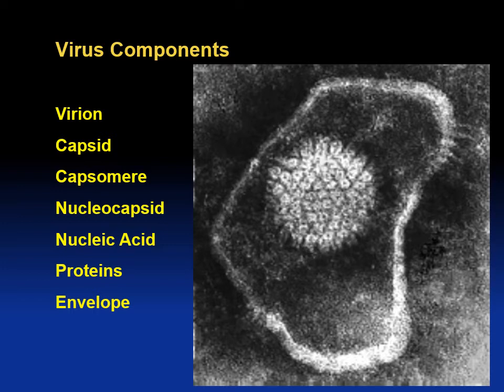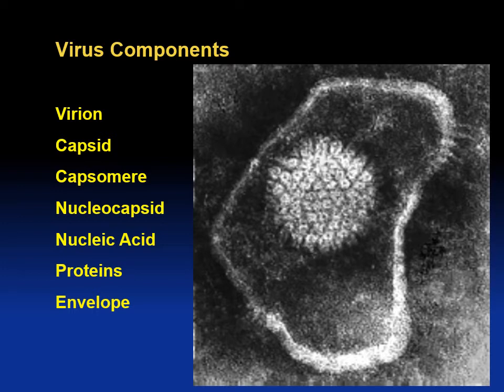As you can see, this is a picture or an electron micrograph of a virus, meaning that this has been taken by an electron microscope. And as you can see, the whole virus is called the virion.